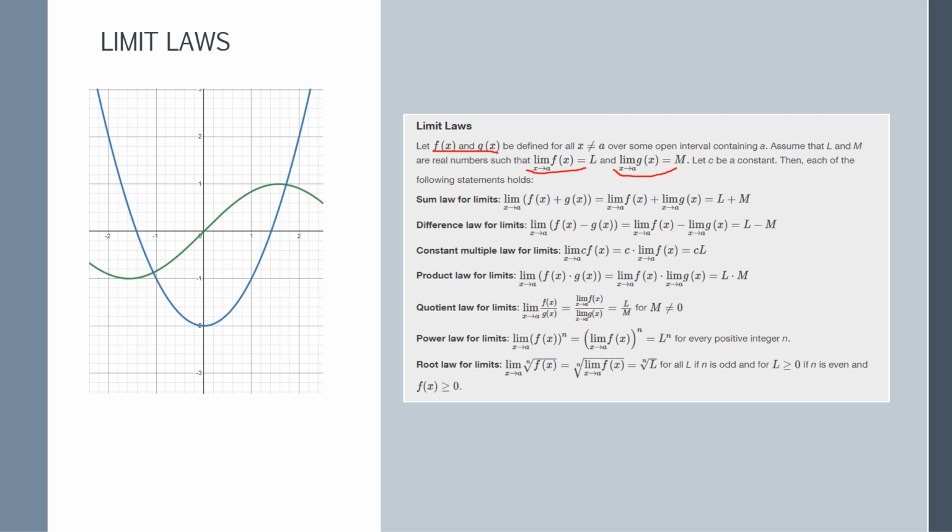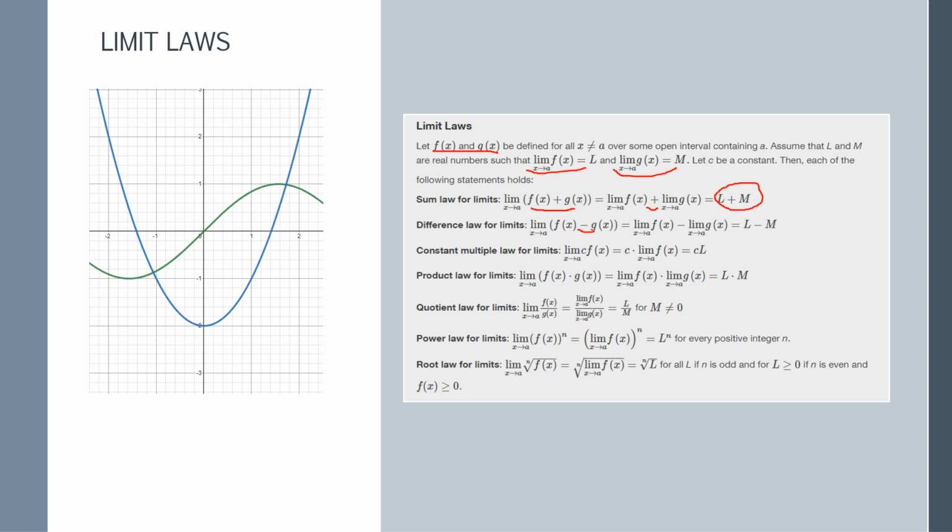Okay, we have sum law, and that is we can distribute the limit through the sum right here. Okay, so if you are considering the function f plus g, then the limit of that function as x goes to a is just the sum of the limits of individual functions. Similar rule applies to subtraction.